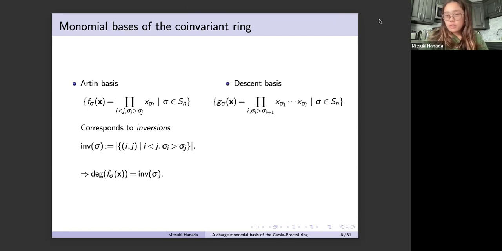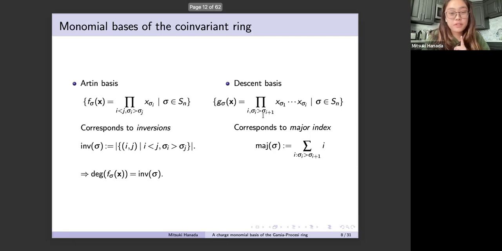Similarly, our descent basis is also indexed by permutations, but now our product is looking slightly different. If you know your statistics super well, you can see that this corresponds to major index, which is a bit more subtle than inversions. You take the sum of the index at each descent.